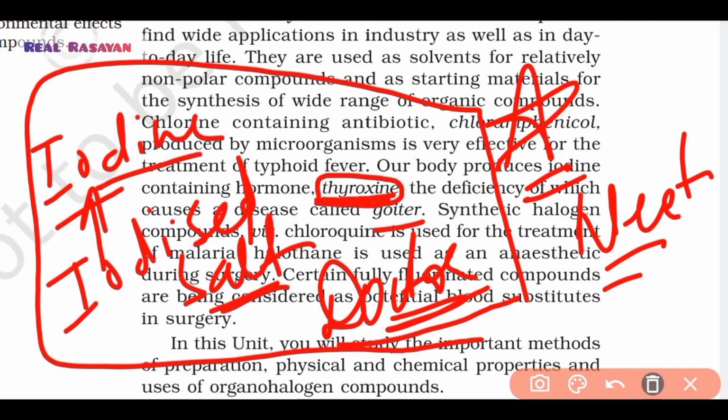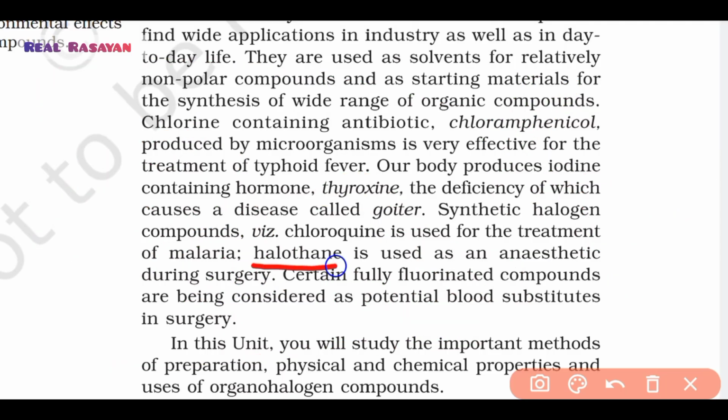Now coming towards the next compound, that is halothane. Halo means halogen containing compound. This halothane is used as an anesthetic. It is used for anesthesia during surgery.